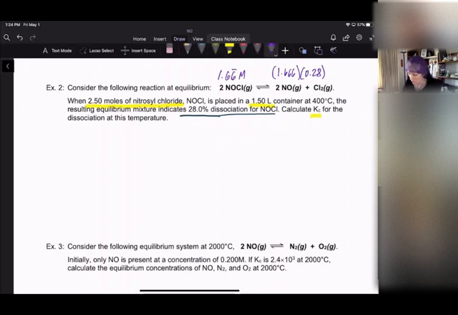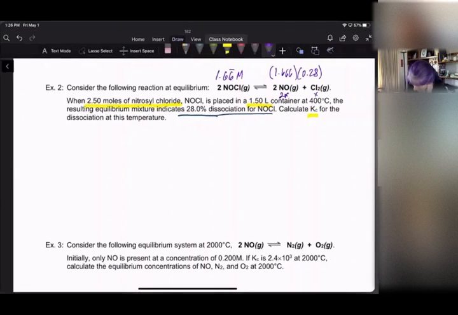So I always have this question, do they mean the x or do they mean the 2x? But I think that usually when they talk about a percent dissociation, we're talking about the initial concentration being reduced. 28% reacts forward. So let me set up my ice table.